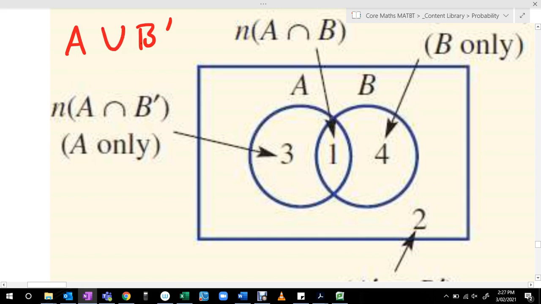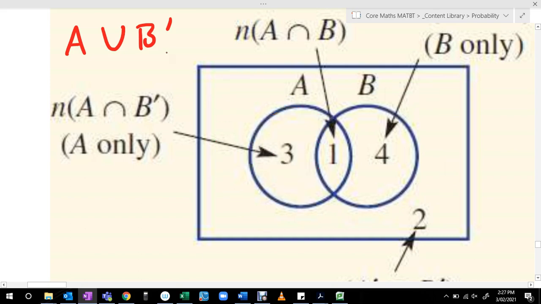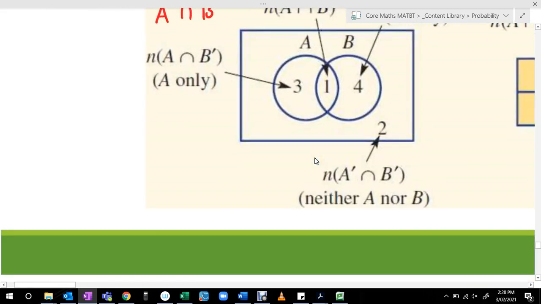Union B with a dash means everything that is not B, so I want this and everything outside it. But if it's intersection, I only want everything that's A. So I'm focusing only on this, and everything else I don't need. Similar with B only.